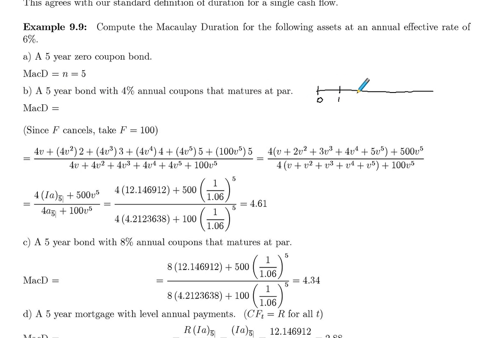So we're going to have payments at time 1, 2, 3, 4, and then it's going to mature at time 5. So the first payment is going to be 4% of the face value. We don't know what face value is, but that coupon payment is going to be F times r. Here r, our coupon rate, is 0.04.